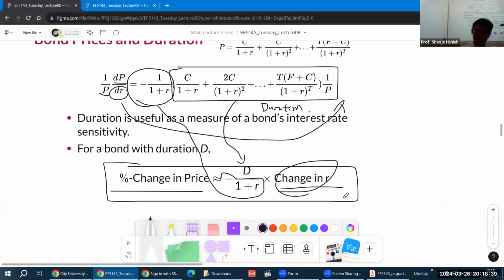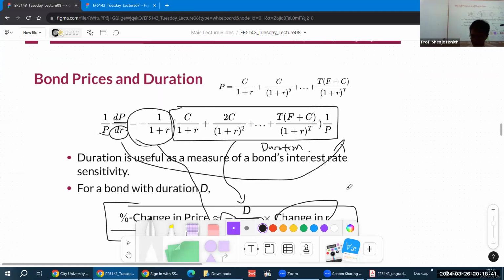Okay. All right, so to recap a little bit, duration is the average time it takes for you to get your money. And it's a weighted average based on the proportion of the total value of the bond price that you receive every period, right? The present value. And you weigh the time that you have to wait to get those cash flows in the future.